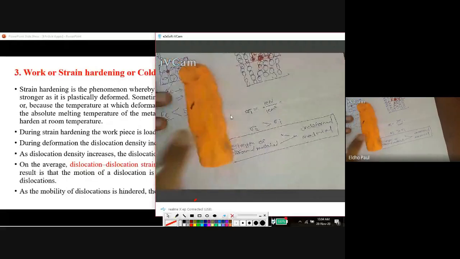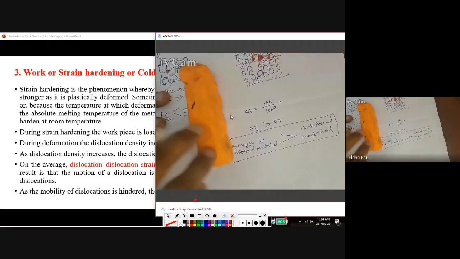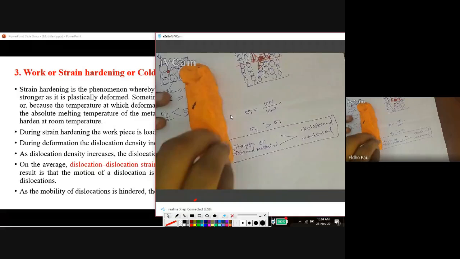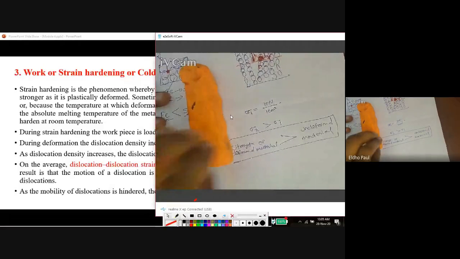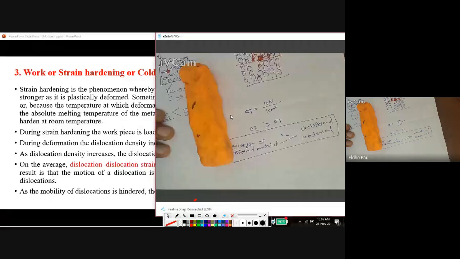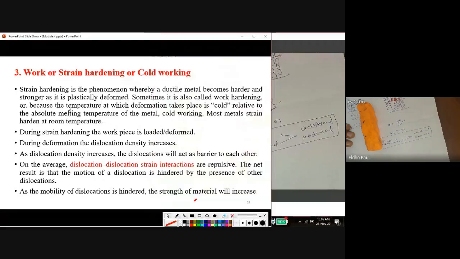By working on this material, I am applying some force and deforming it, and I can increase the strength of the material. By introducing some strain or deformation on this material, I can improve its strength. That mechanism is called work hardening, strain hardening or cold working.